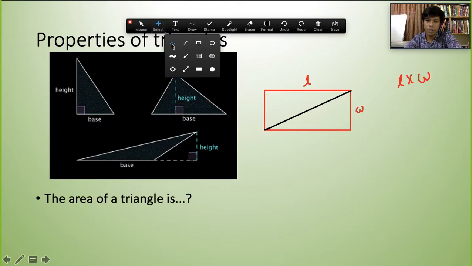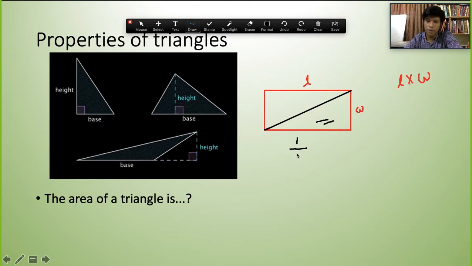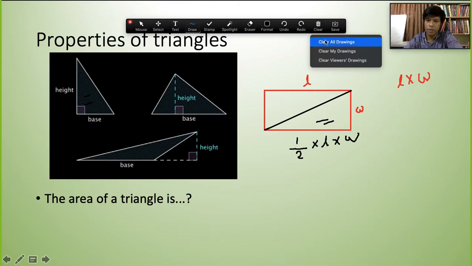One triangle is here and the other triangle is here. So the area of each triangle will be just half of this value, half into length into width. The area of this part is half into length into width, and the other half is the same, total is length into width. So this way we can connect one part to another.